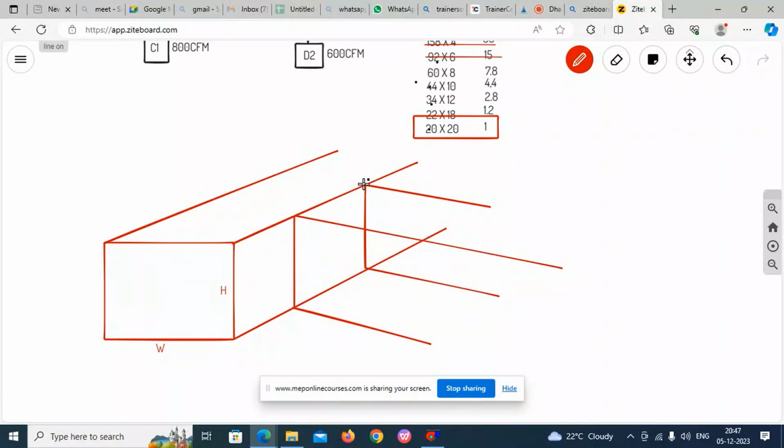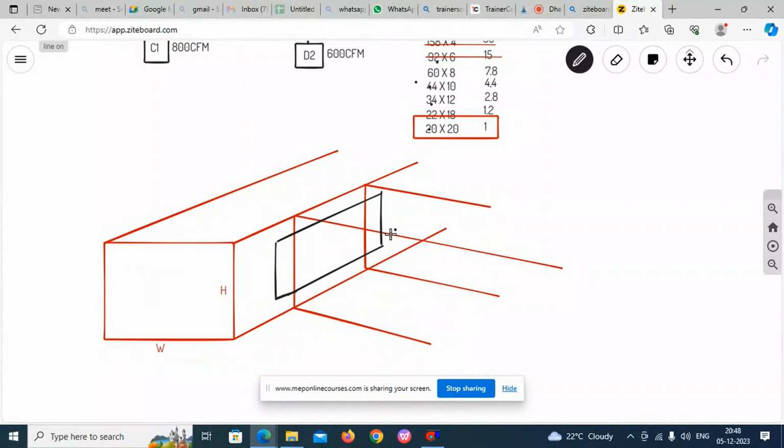A rivet joint can be there, a nut bolt can be there, or it can be welded, so that air gets leak. So that is the reason the statement says maintain 1 inch on the top and 1 inch on the side as clearance space, so that the width obviously increases.